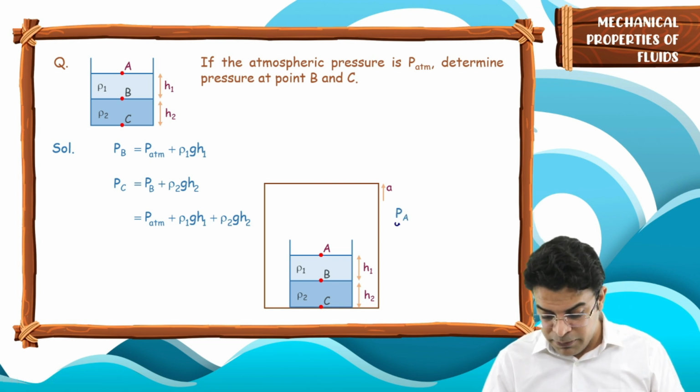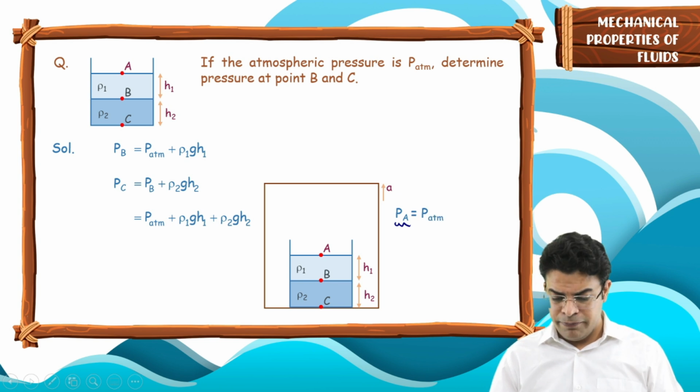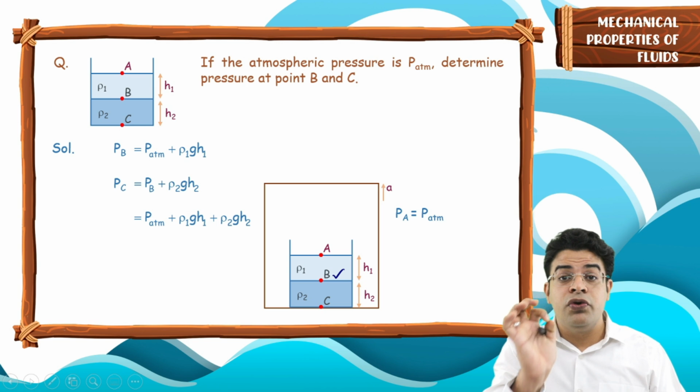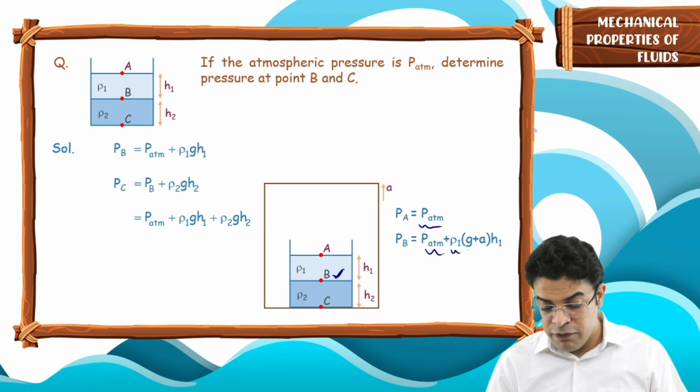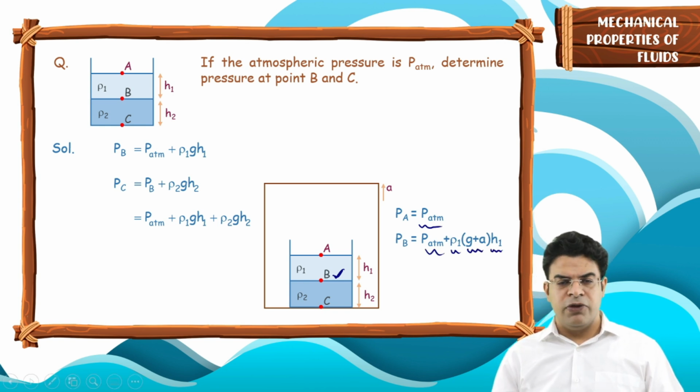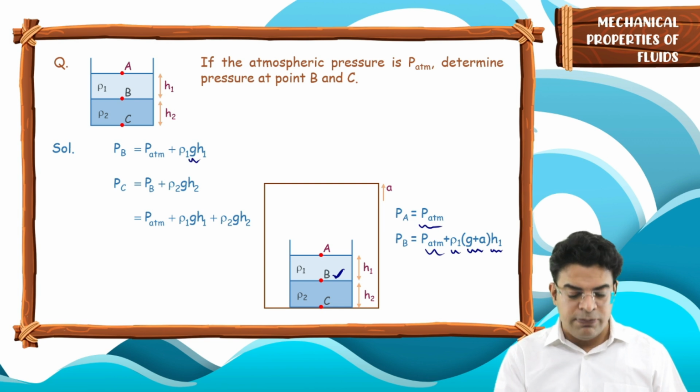So the pressure at A will still be P atm, but when we write the pressure at B, in place of g we should use g plus a. So the pressure at B equals the pressure at A, which is P atm, plus ρ1 (g plus a) h1.